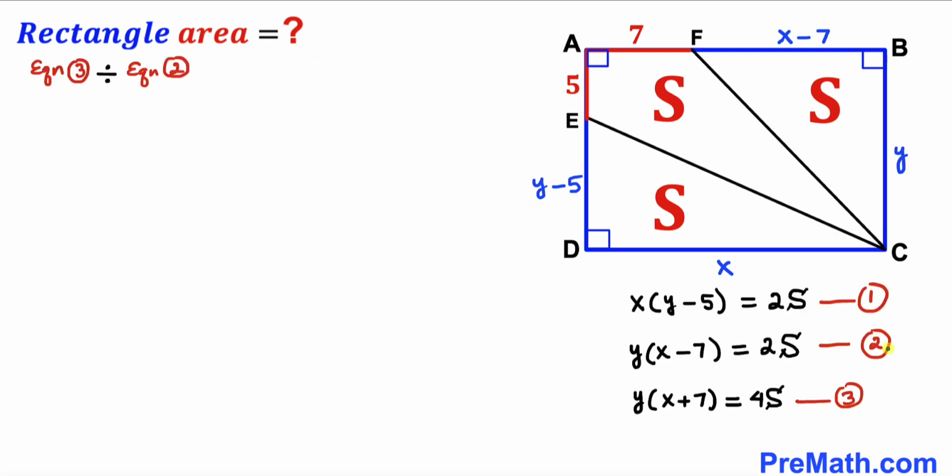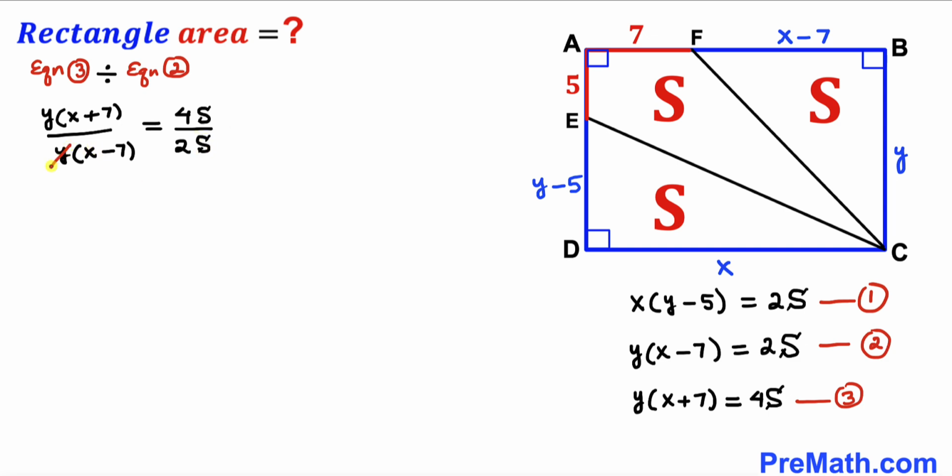And here's our next step. This time I am going to divide equation 3 by equation 2. Therefore the left hand side is going to be y times (x + 7) divided by y times (x - 7), equal to 4 times s divided by 2 times s.